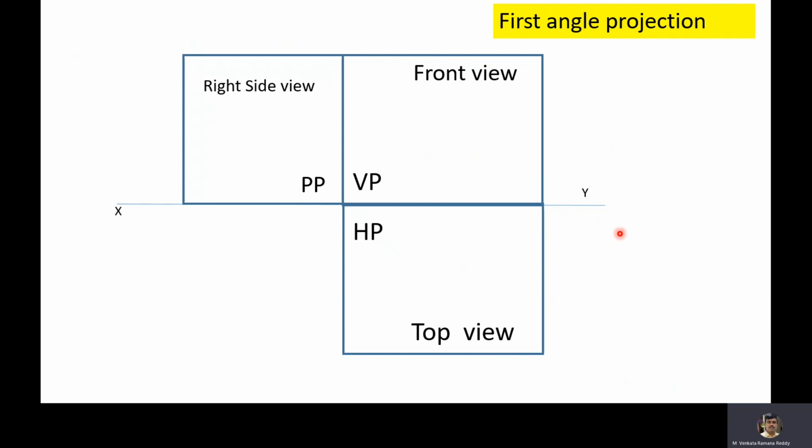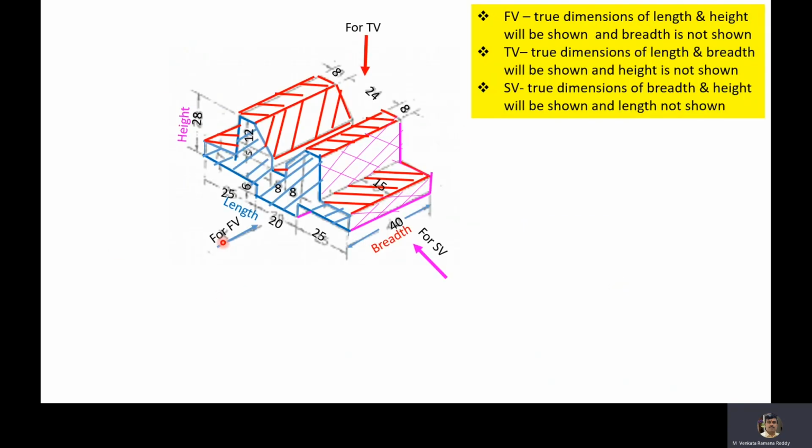Now we will see what are the dimensions visible in the front view, top view, side view, and what are the dimensions not visible. Here, this is the direction of front view, and this is the direction of side view, and this is the direction of top view.